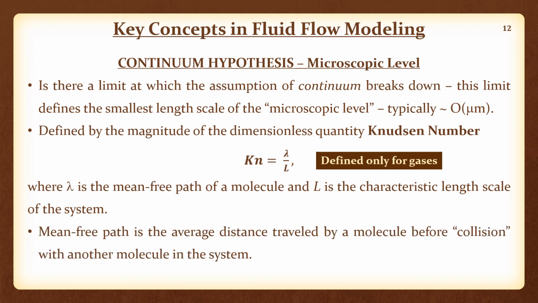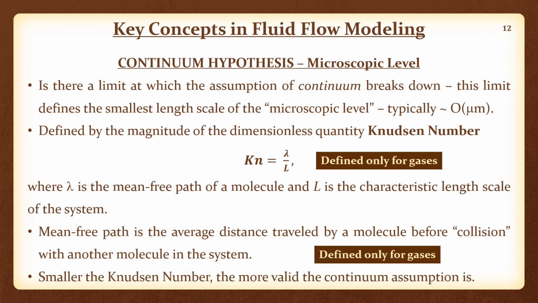So mean free path is the average distance traveled by a molecule before colliding with another molecule in the system. This assumes there is complete or near complete translational degree of freedom, which is what I meant when I said the mean free path can be defined clearly only for gases, and therefore the Knudsen number is really well defined only for gases.